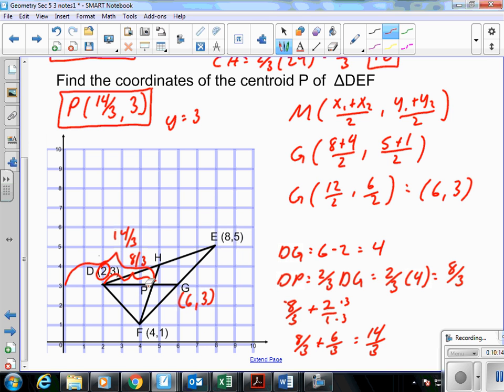Finding the 2/3 of the length of DG, and then adding that with 2 gives us 14/3, which if we divided that out, we put it into a decimal form, we'd have 4 2/3 or 4.66 repeating. So a little past 4.5 is where that is, which makes sense by where we look at it right there.